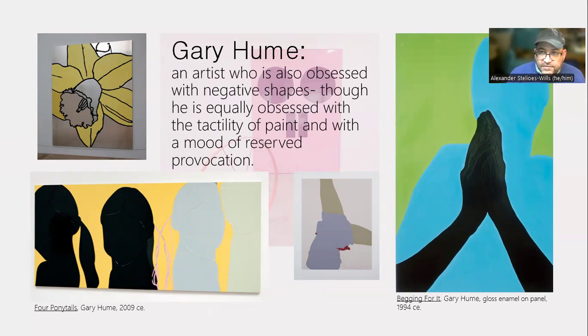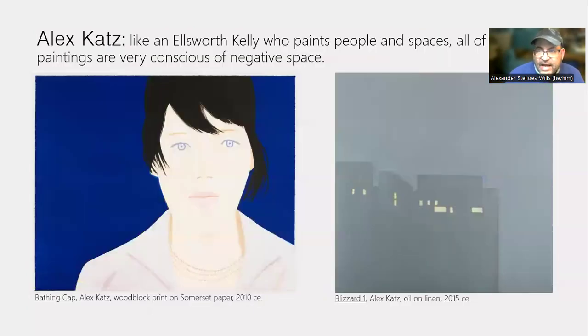He also really loves paint surface, the way he paints, he fills in all the surfaces by paint pour to make each of the areas. Alex Katz is an amazing painter who has always been really interested and obsessed with the relationship of positive and negative space. I love his landscape paintings.